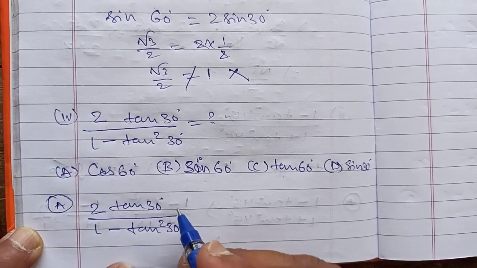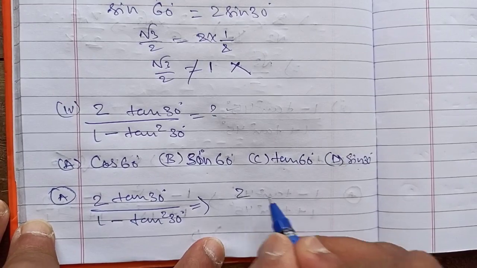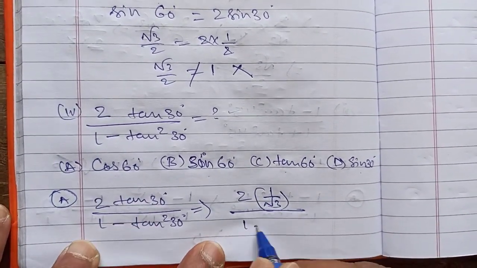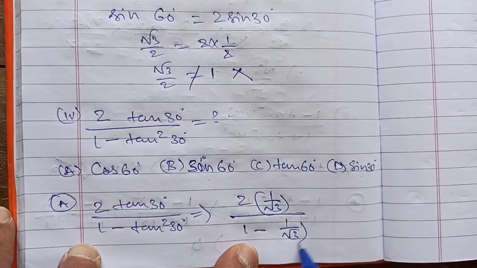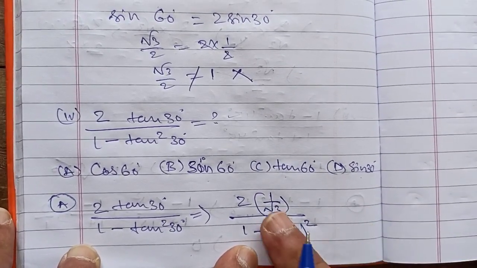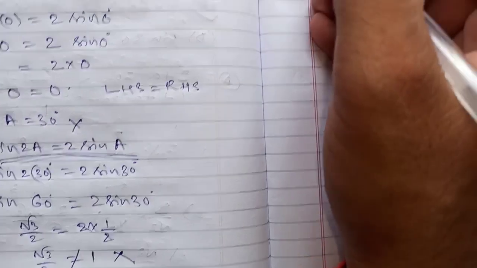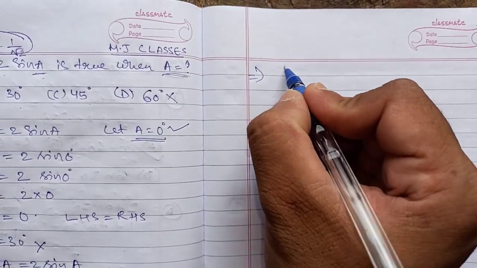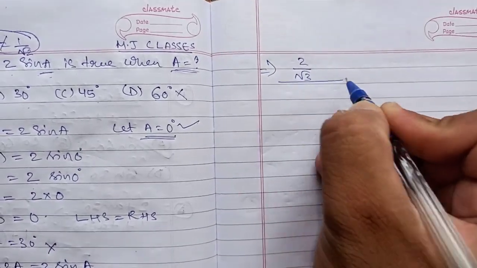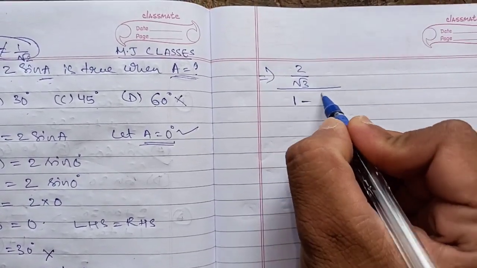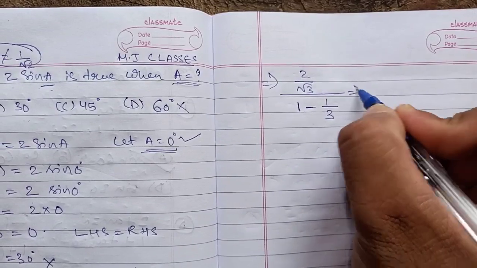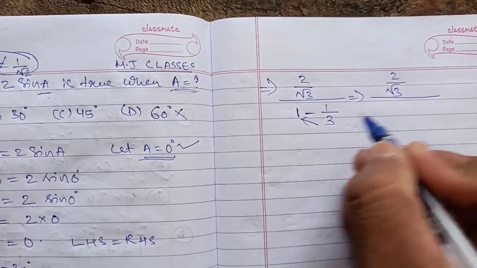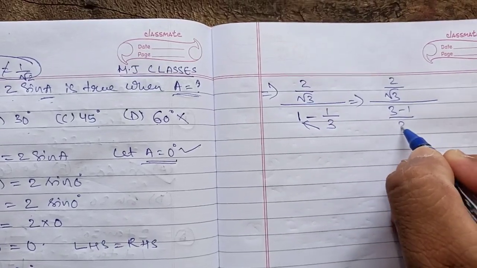Okay, so we will write the question. We will substitute the proper values here. Tan 30 degree is 1 by root 3, divided by 1 minus 1 by root 3 whole square. So its value will be 2 into 1 by root 3, 2 by root 3, whole divided by 1 minus 1 by root 3 square, which is 1 by 3. 2 by root 3 multiplied by 3, 3 minus 1 by 3.